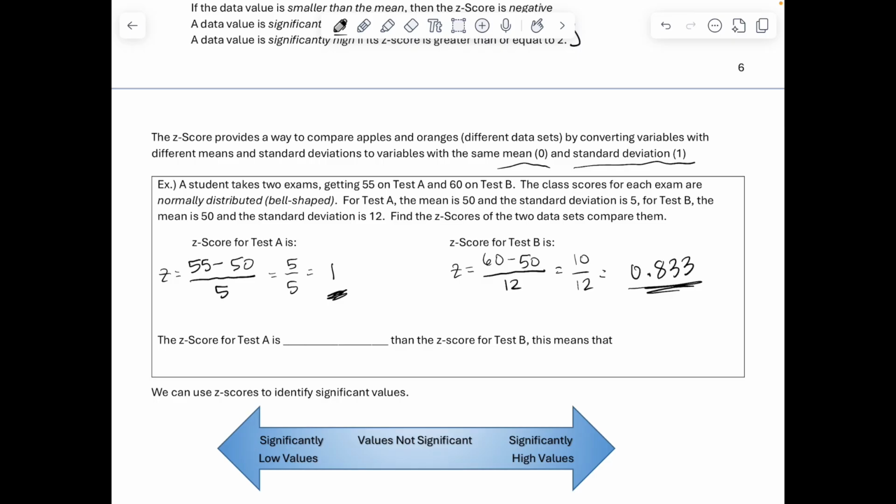If you notice, your z-score is larger for test A than it is for test B. So this means you did relatively better on test A than you did on test B.